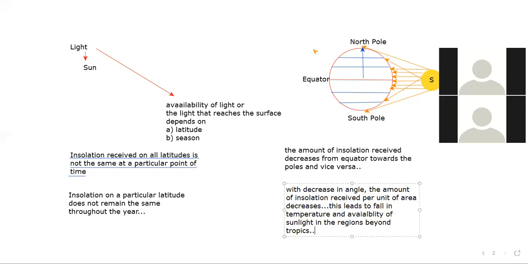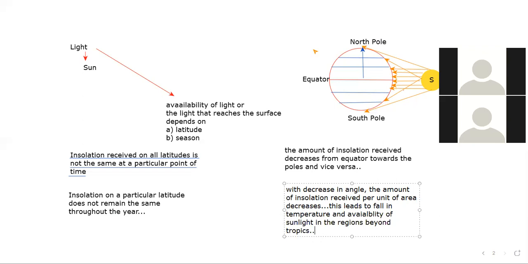So that means if we move towards the poles from the equator, then with increase in the degree of latitudes, the amount of insolation received would go on falling, and that means less energy is received to heat up, so the temperature would be less.